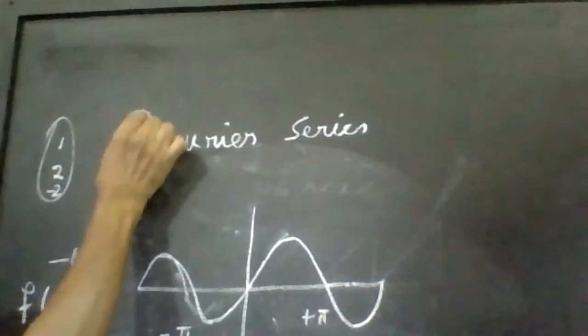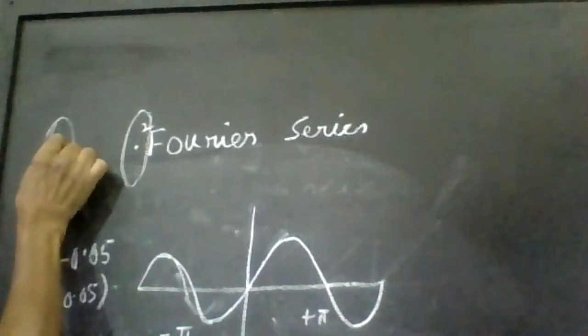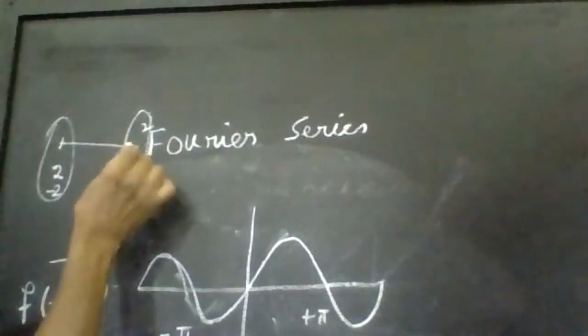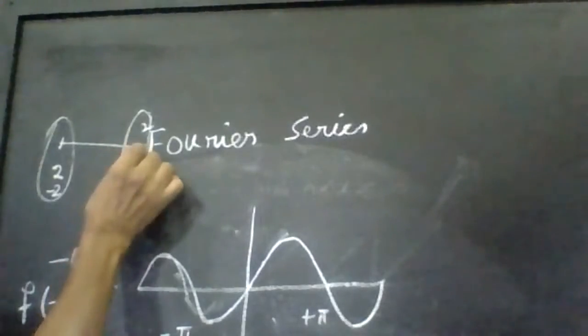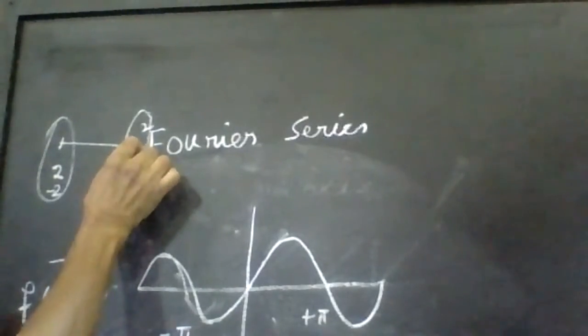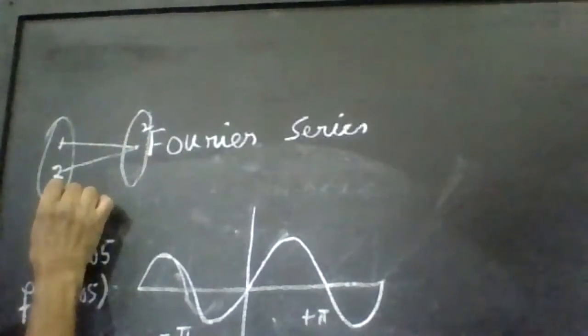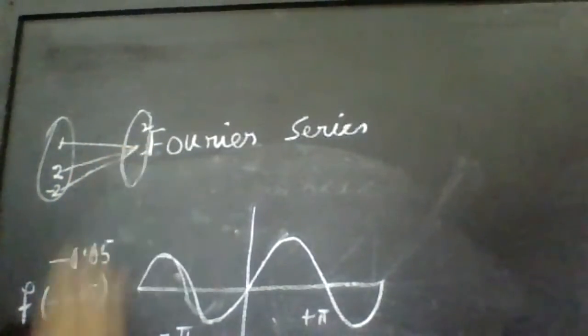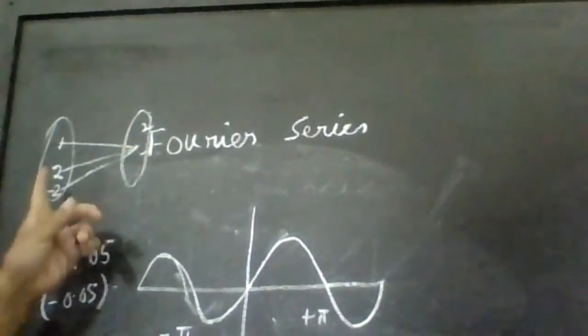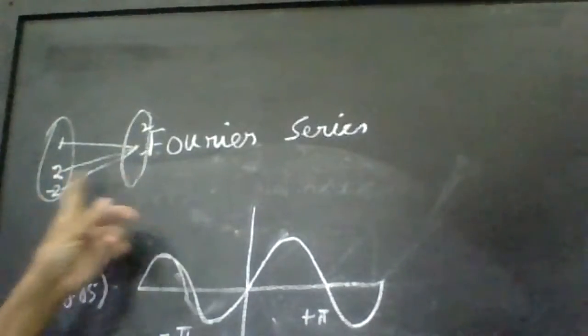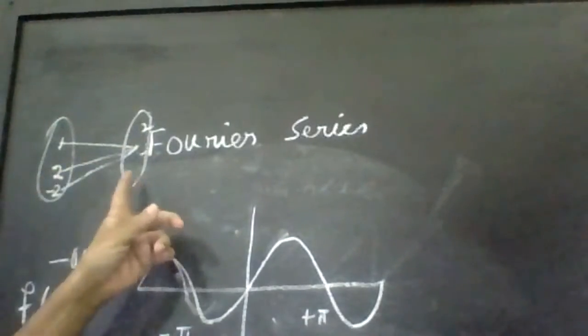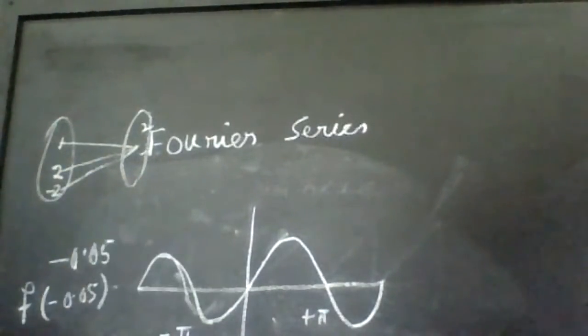For 1 you have one value of f(x), for 2 you have one value of f(x), for minus 2 you have one value of f(x). If it is double valued, then we will get two values of f(x) for a particular value. So this is a single valued function.